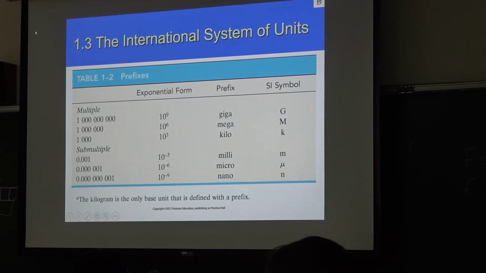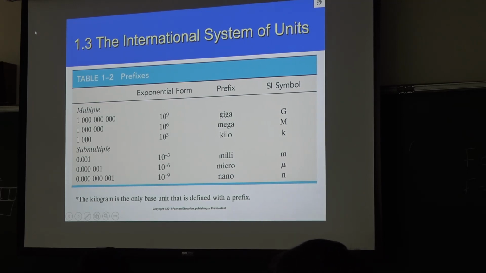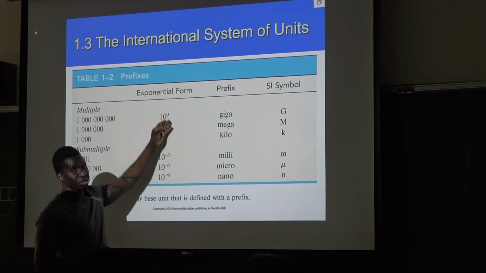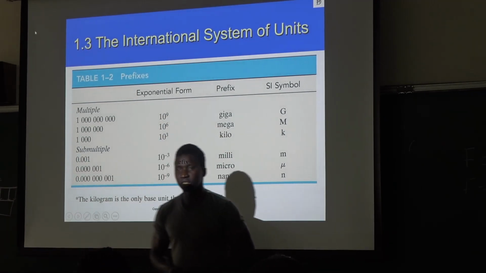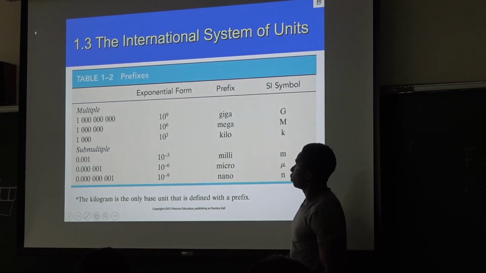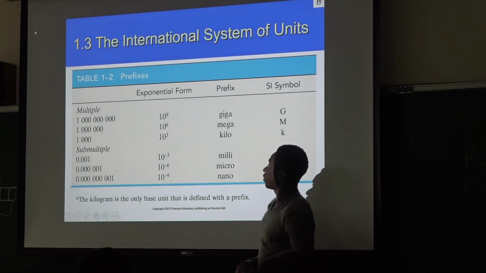Maybe the question, instead of just writing it, will say 1 giga. So when you're solving the problem, you just know that this should be 1 times 10 to the power 9 Newton. Some problems, instead of writing down the whole unit, may just use this prefix to describe it. So when we talk about giga, it means 10 to the power 9.